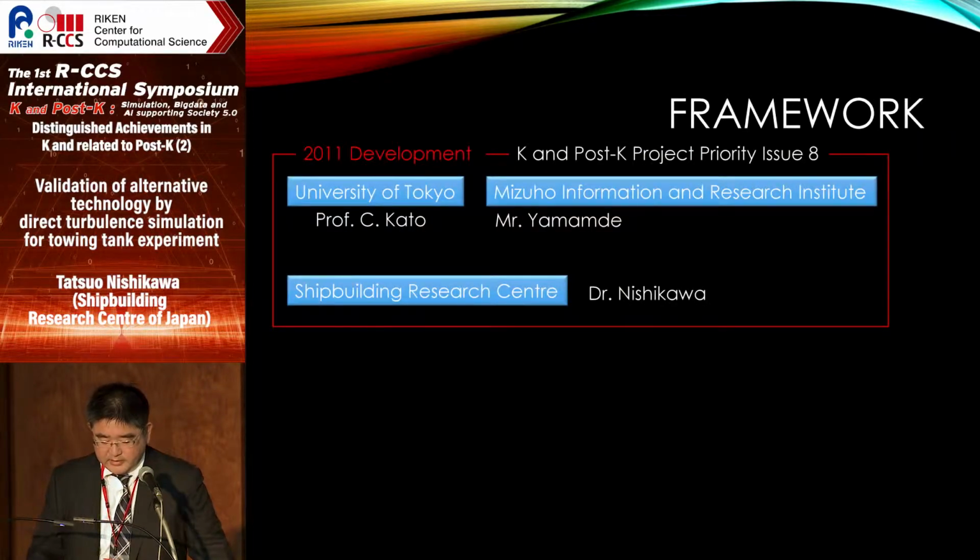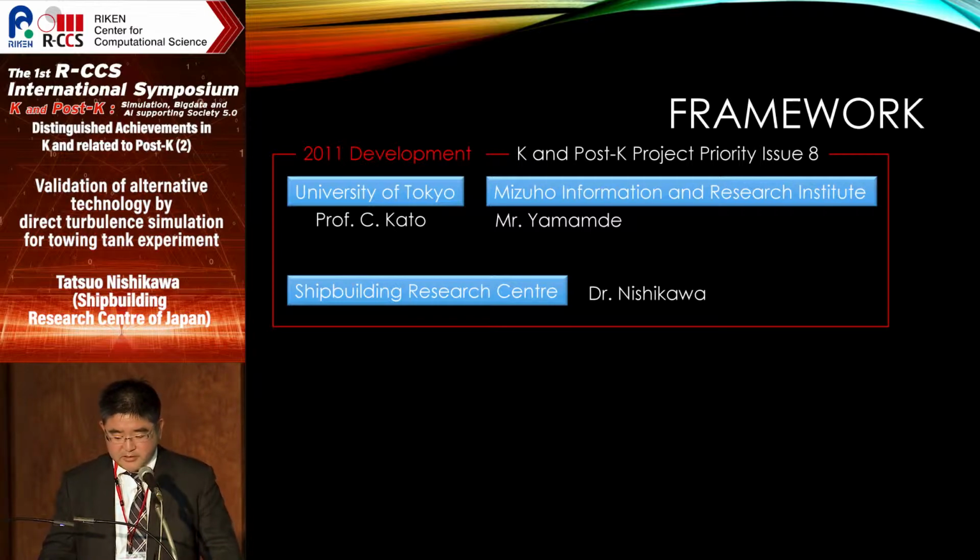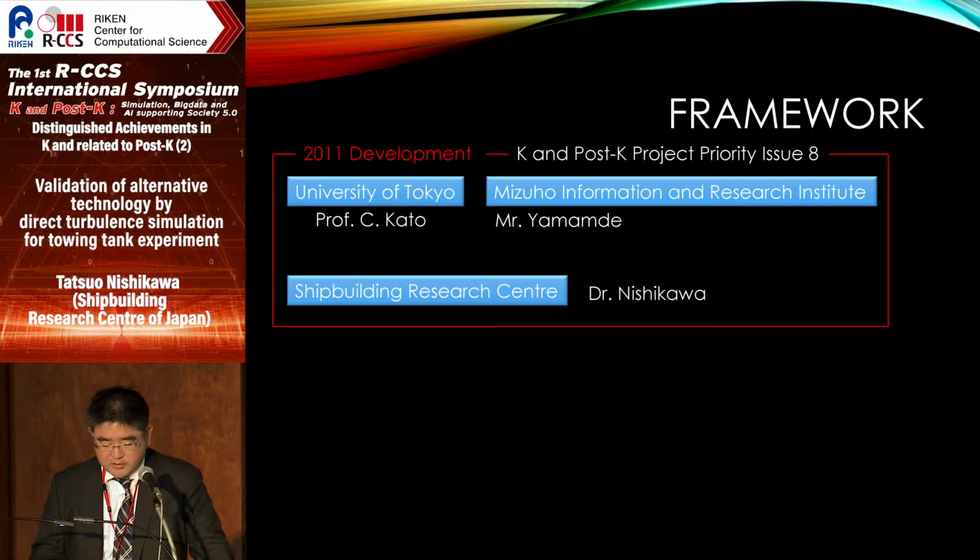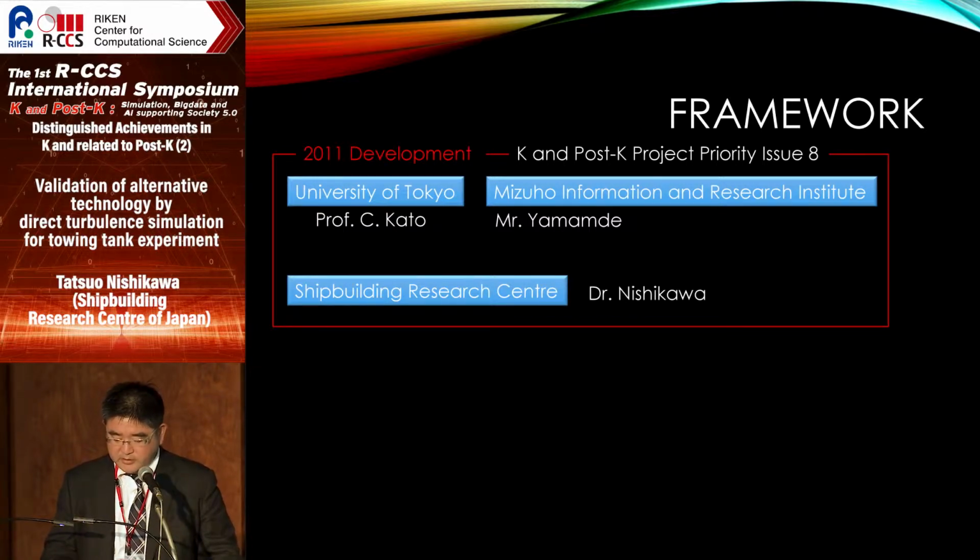In 2011, we launched a mini joint project with 3 different kinds of specialists, Professor Kato of University of Tokyo, Mr. Yamade, and myself, in order to develop a code for ship flow simulation by adding a new function to the existing code.